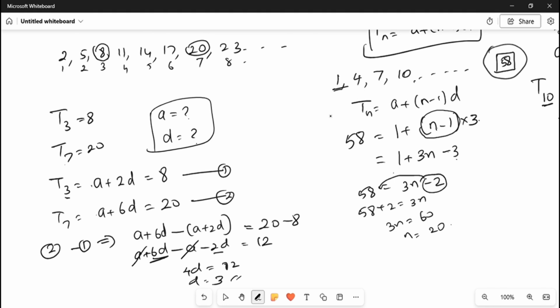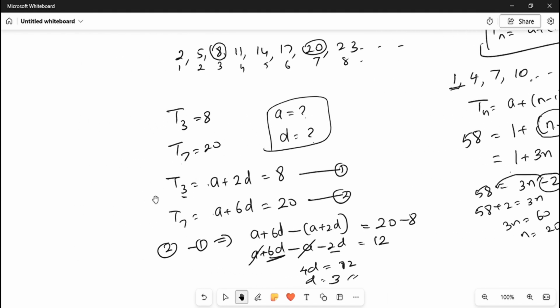So after finding D, you can apply it in one of these two equations. For example, if you take the first equation, A plus 2D is 8. We already found D is 3, so apply it here.